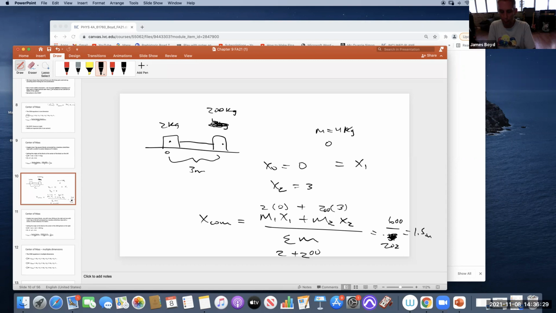But 600 divided by 202 is 2.97 meters. So when they're equal, it's at the center point. When this one's 100 times bigger, it's almost right on the edge of the center of the second block.